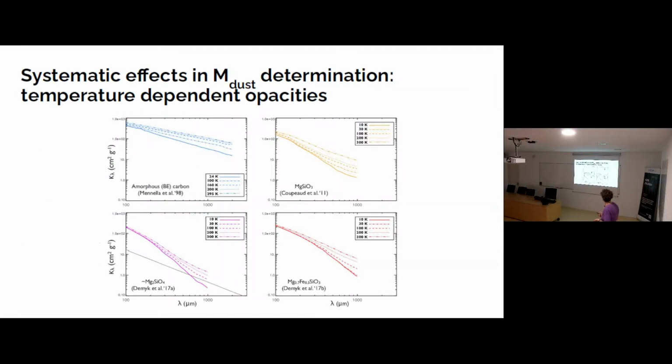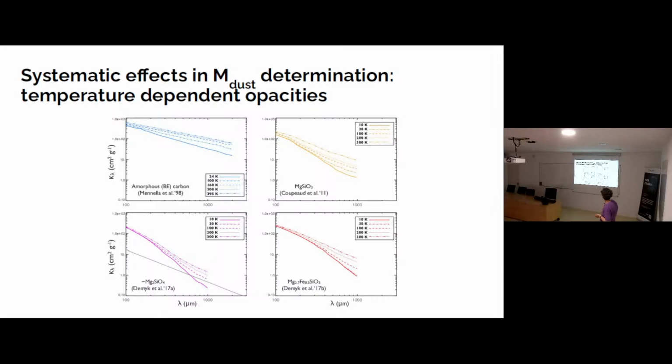First of all, let's have a look at the systematic effects that already exist in the dust opacities themselves. This line here is a typical opacity that people use to model, but we used some measurements from the lab: from Mennella from '98, and also from a group in France, Karine Demyk and Coupeaud, who have done some more recent measurements.